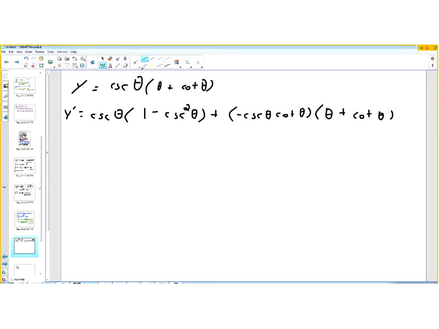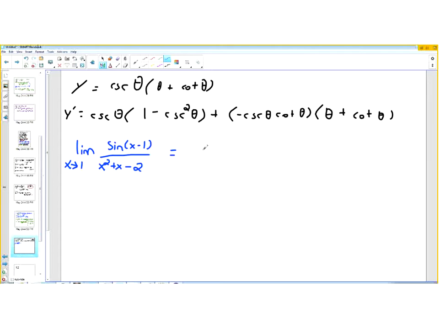All right, and let's do a limit problem. How about the limit as x approaches 1 of sine of x minus 1 divided by x squared plus x minus 2. Well, if we use direct substitution, of course, we'll have an indeterminate form.